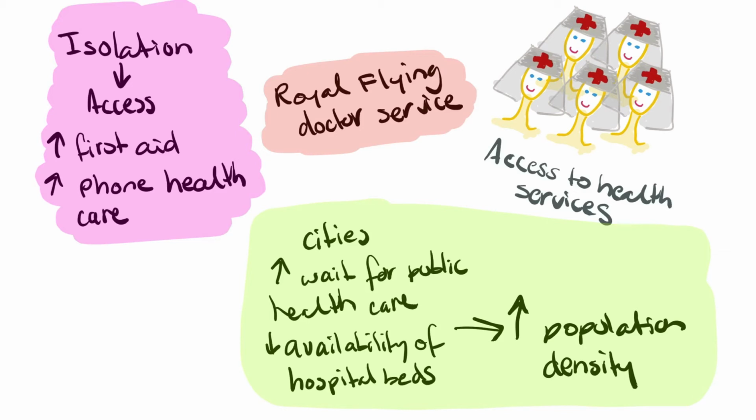And then because of that, there's a decreased availability of hospital beds in public hospitals. And this is often why you see people in cities or in regional areas taking up options of private health insurance, because that allows them to have increased access to other health facilities and services, because there's often this delay for public health care because of the sheer density of the population in those city areas.